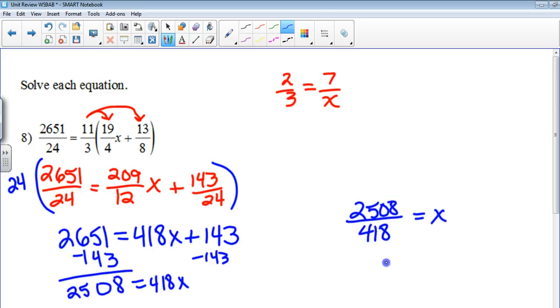I'm not going to try to reduce that by hand. That's what I have my handy dandy calculator for, because I'm thinking by the time I start reducing common factors, 2508 divided by 418 actually comes out even, I think, doesn't it? Yes. Okay. Even if it didn't, you guys all know the trick about math enter to leave it as a reduced fraction. Okay, moving on.